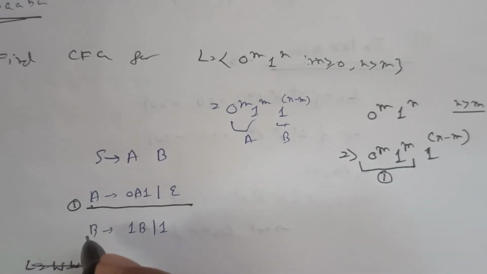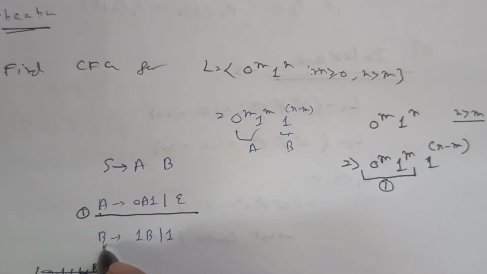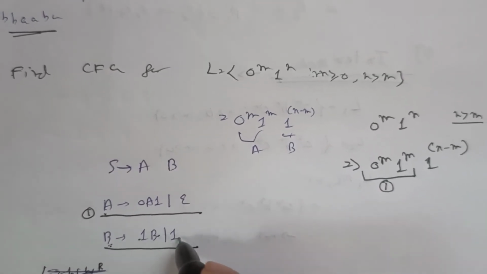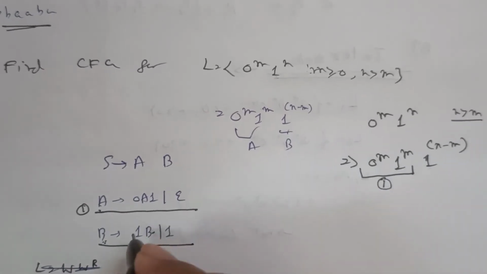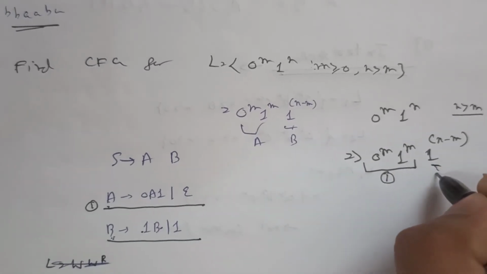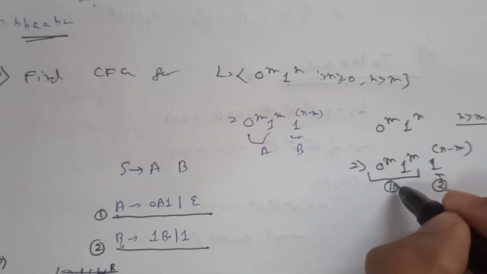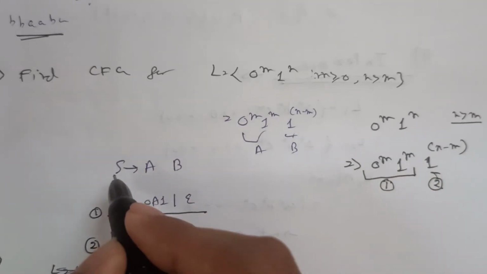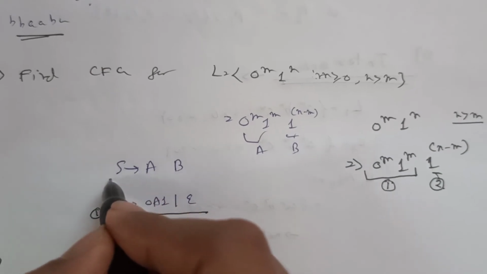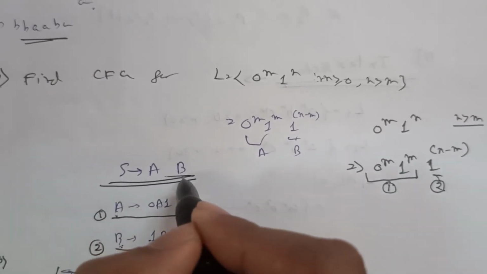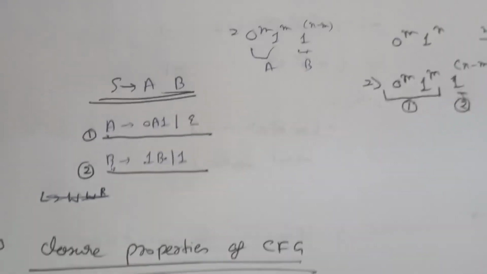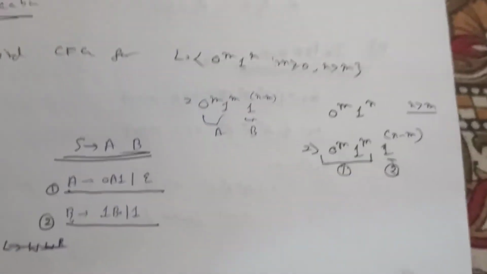So that's why I am giving this production rule here, B to 1B or 1. So this rule will generate just a number of ones, and now I am concatenating them. This is our starting variable and we are concatenating it with A and B. Okay, so that's how to do this type of question.